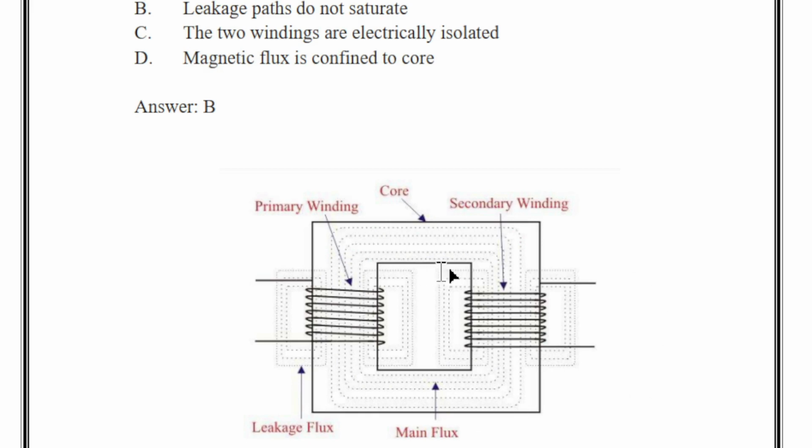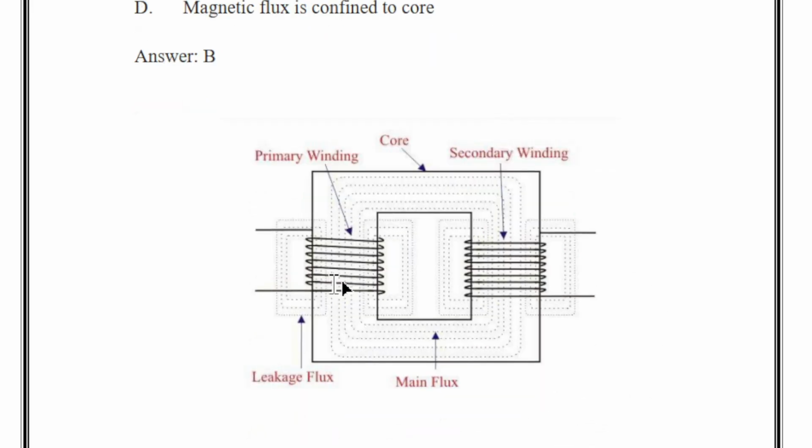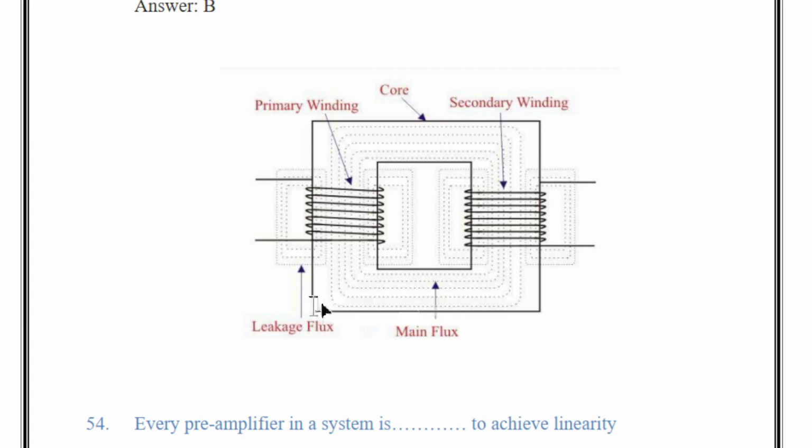You can see from the transformer, this is the primary winding, this is the secondary winding, and this is the core of the transformer, which is connected between the two windings. This is the main flux and this is the leakage flux. Leakage flux is essentially a wastage. When voltage is applied, magnetic flux is produced in the primary winding.